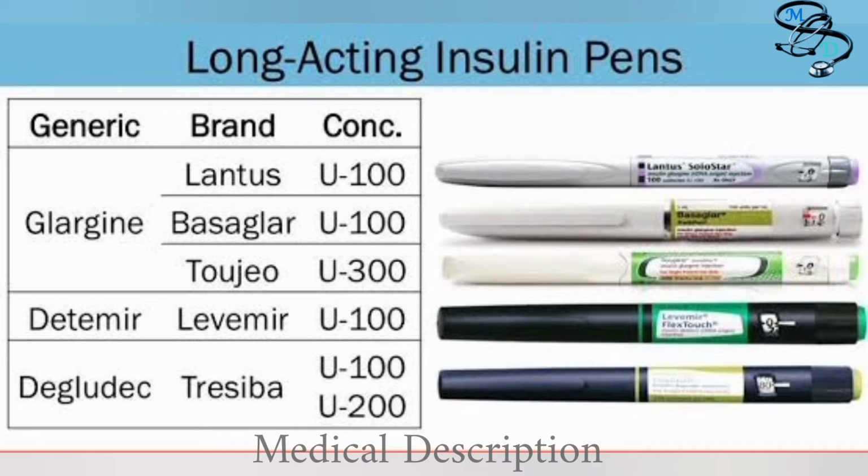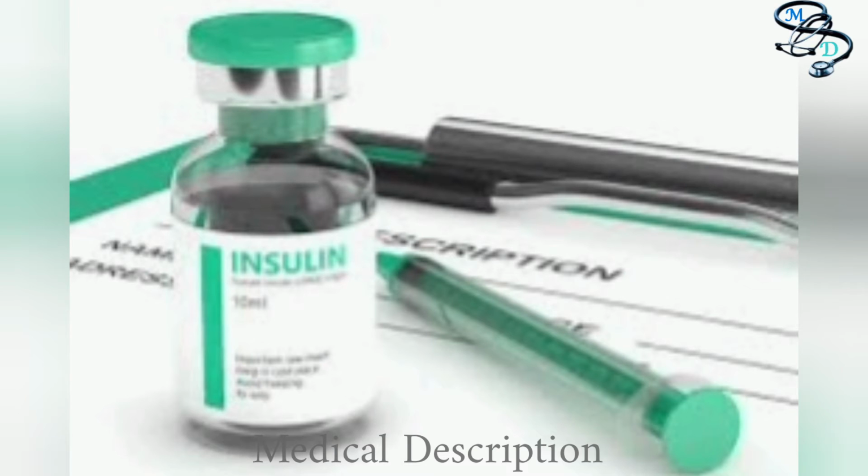These include long-acting insulin analogs, insulin glargine and insulin detemir, which have an onset of insulin effect in 1.5 to 2 hours. The insulin effect plateaus over the next few hours and is followed by a relatively flat duration of action that lasts 12 to 24 hours for insulin detemir and 24 hours for insulin glargine.